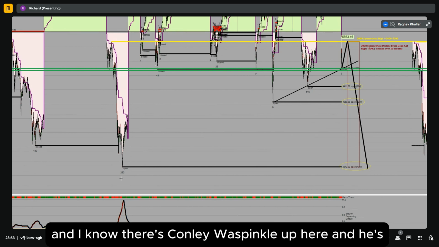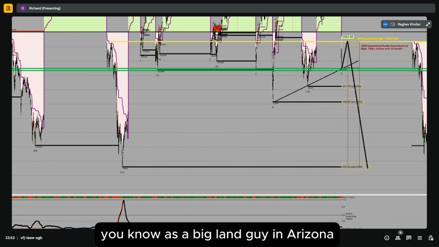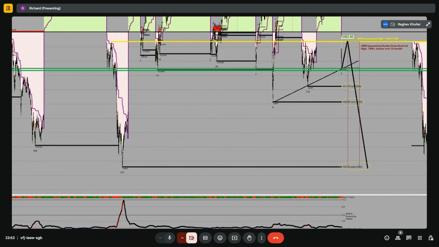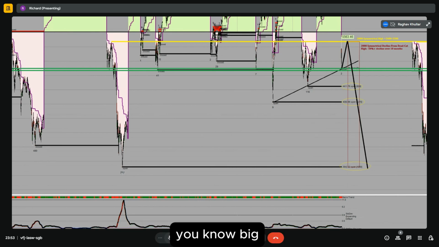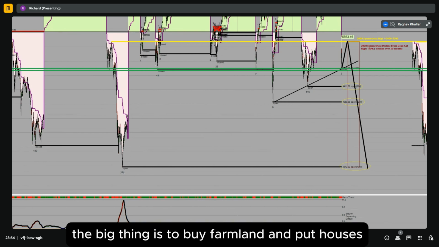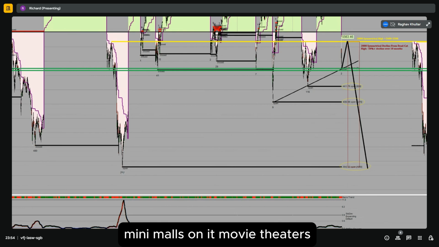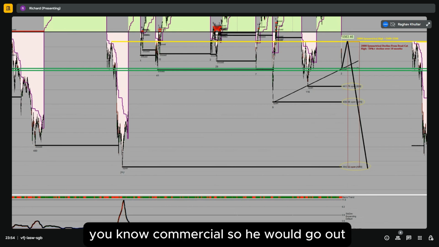And I know there's Conley Wiswinkle up here, and he's a big land guy in Arizona. He started a lot of projects, and they're going out there putting money down. So here, the big thing is to buy farmland and put houses, mini malls, movie theaters, commercial on it.